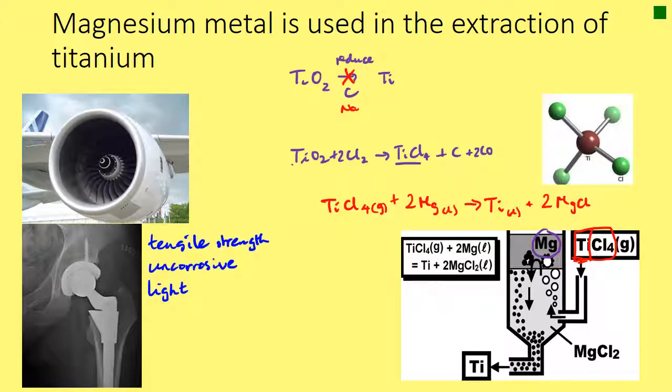You have to do that as a batch process, and the fact that it's a two-step process also makes it very expensive. But because of titanium's excellent advantages, like its tensile strength, uncorrosivity and lightness, for certain applications it's worth it.